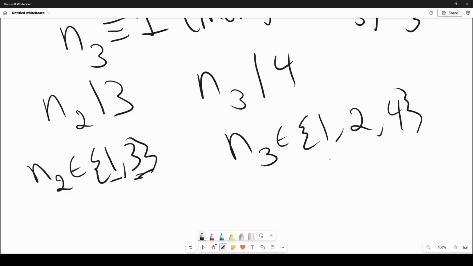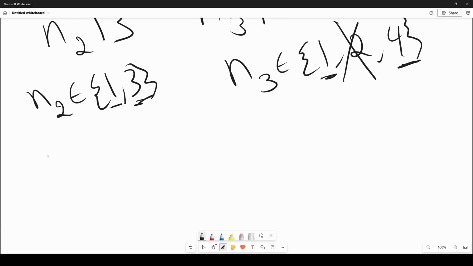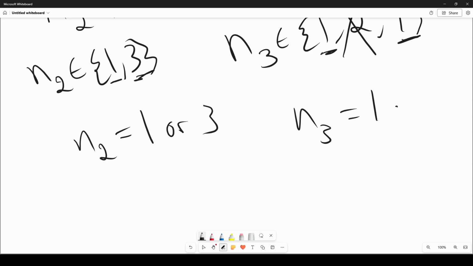If I look at n3 though, I get that 1 is 1 mod 3, 4 is 1 mod 3, but 2 isn't. So I can immediately eliminate 2 as a possibility, and now I know n3 has to be either 1 or 4. So what we determined so far is that n2 equals 1 or 3, and n3 equals 1 or 4.